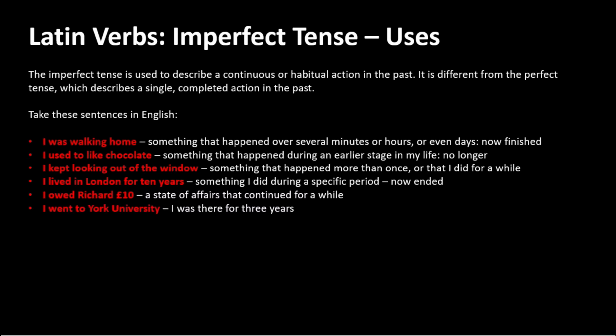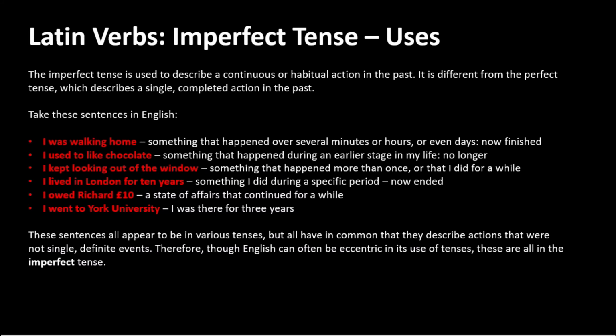I went to York University. I didn't go there and come back. I went there, and on and off, I stayed there for 3 years. Another continuous action in the past, now sadly completed.